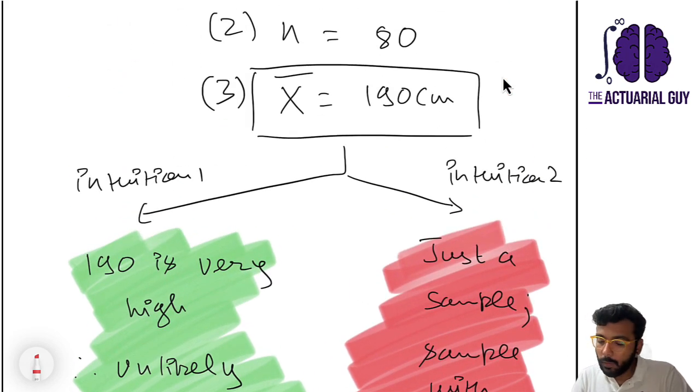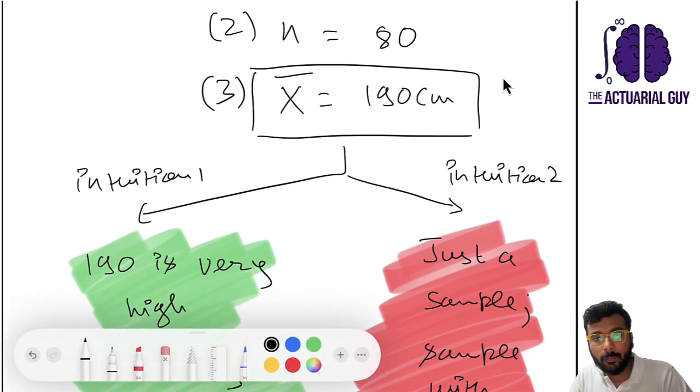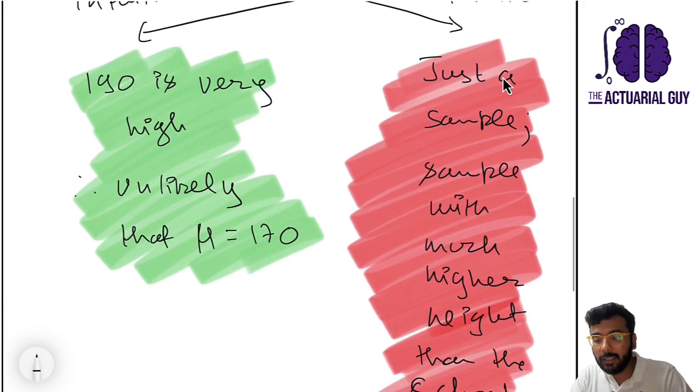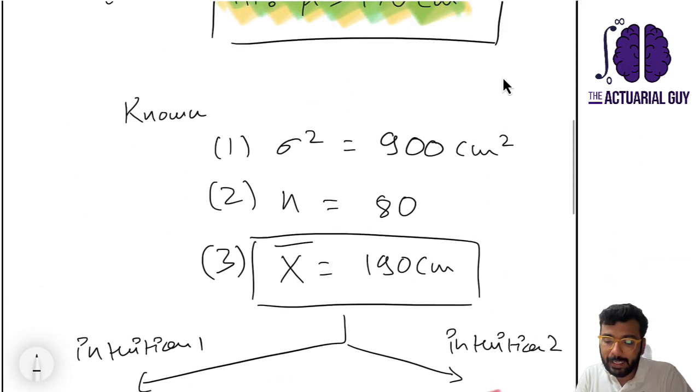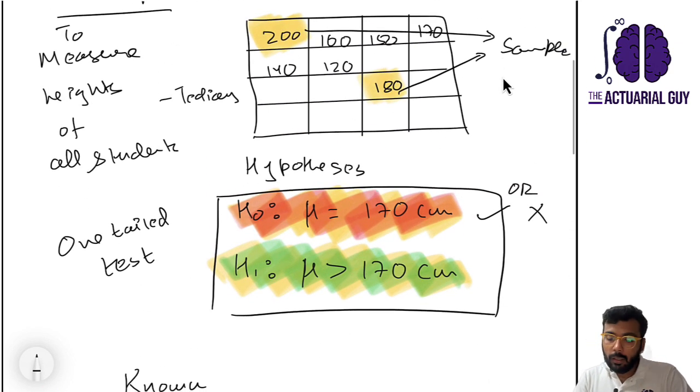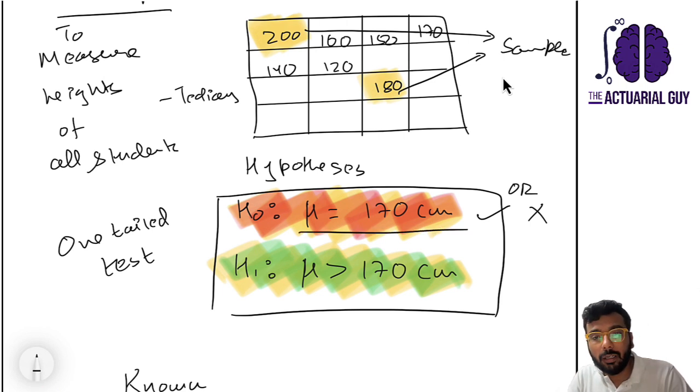Okay. So now, of course, we can't go by intuition, because we cannot do statistics based on intuition. What we need is a formal methodology to assess, if the sample has yielded an average height of 190 centimeters, what are the chances that the population actually had an average height of 170?